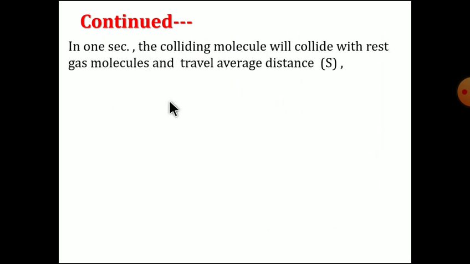In 1 second, the colliding molecule will collide with the rest of the gas molecules and travel an average distance. That average distance is denoted by S. This average distance is the length of the cylinder. That is, S is equal to C into T.